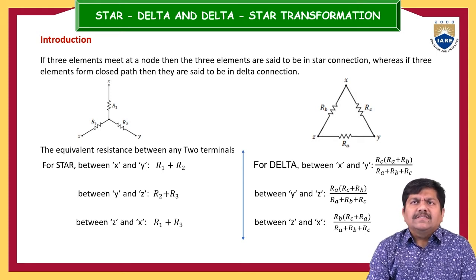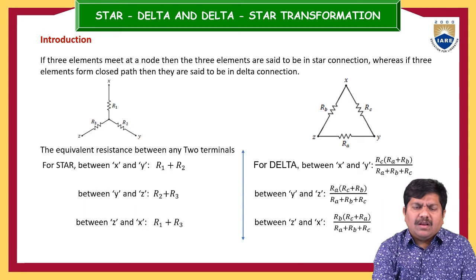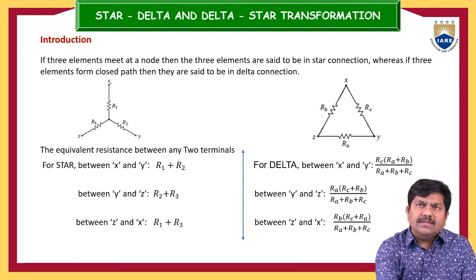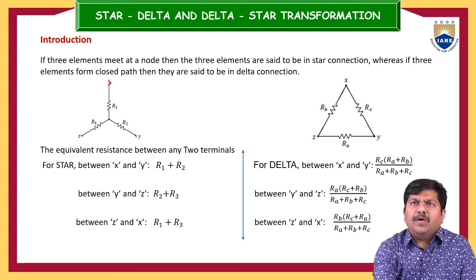So the equivalent resistance between any two terminals for star, let me take the star configuration first. Between X and Y, the equivalent resistance is nothing but R1 plus R2. Similarly, the equivalent resistance between Y and Z is R2 plus R3. Similarly, between Z and X it is R1 plus R3.